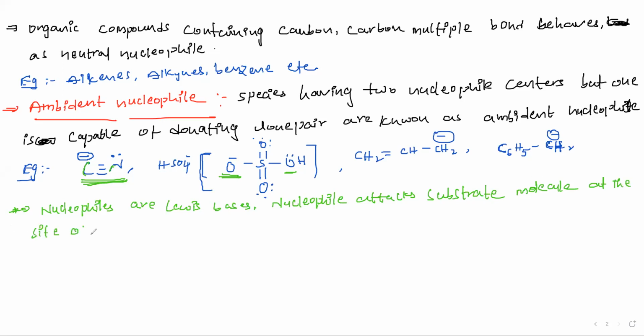Electrophile attacks the highest electron density, and nucleophile attacks the substrate at the lowest electron density.